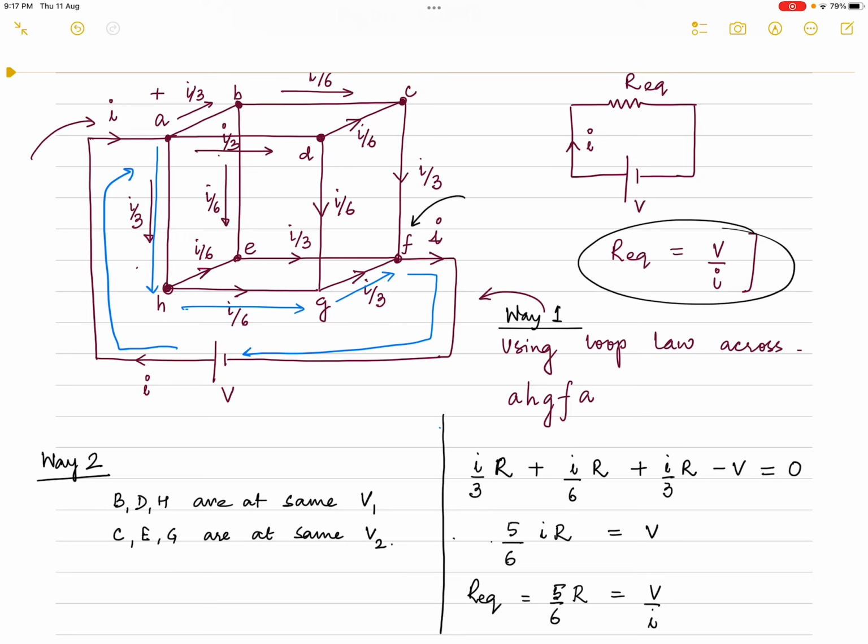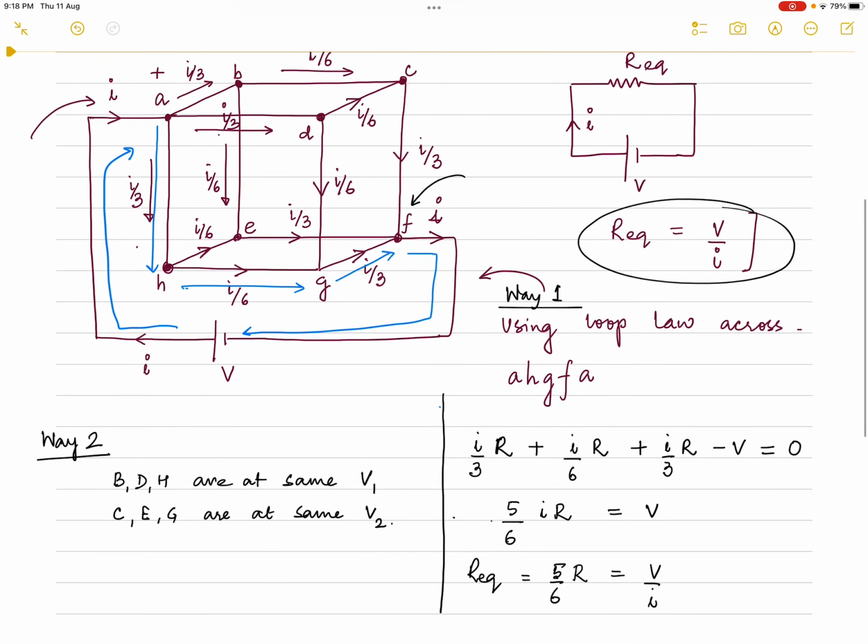Now, those points in a circuit which are at the same potential can be connected together, because the resistors connected across, if we look back at the points AB, AD and AH, will then be in parallel. Why?